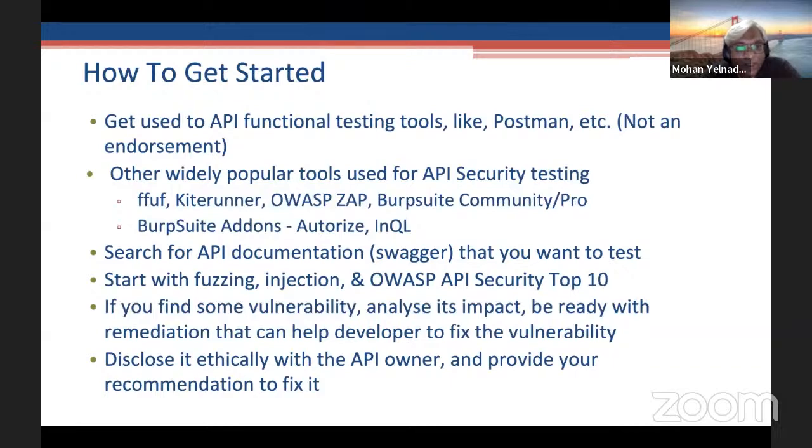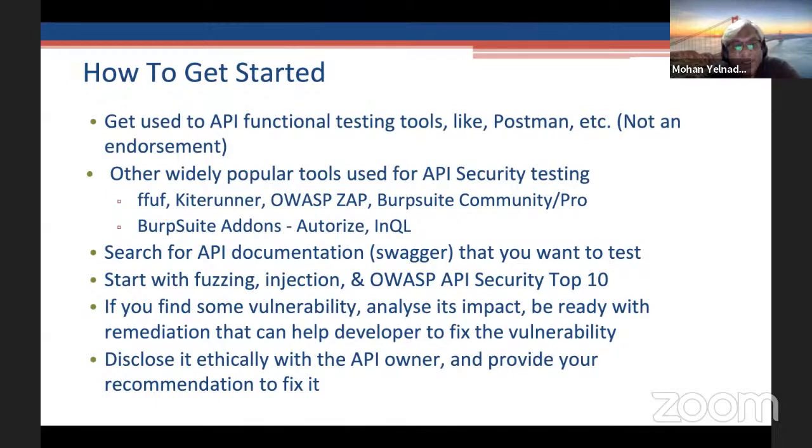Once you are thorough with this basic understanding of how APIs work and how to do functional testing, then you can look at the API documentation, or Swagger, or the OpenAPI specification contract, and understand how it is configured. Mitesh was talking about understanding the OpenAPI specification.